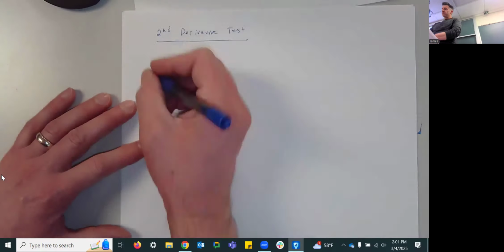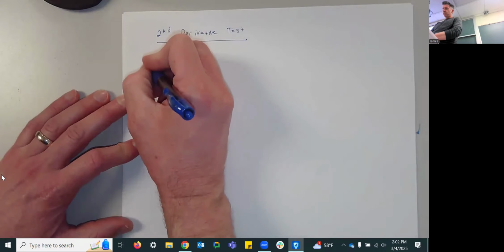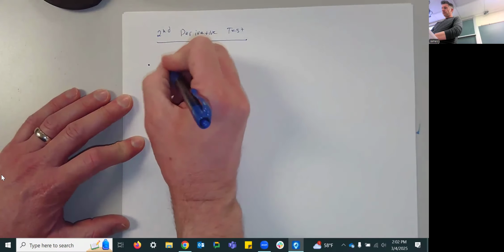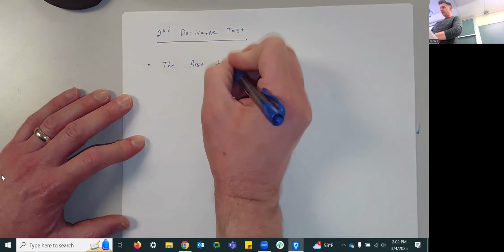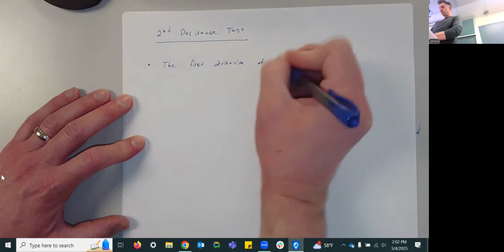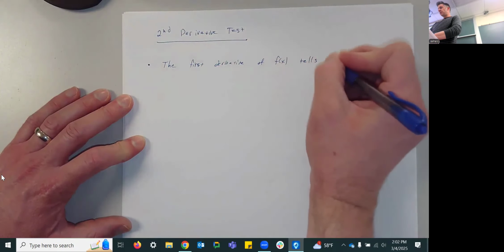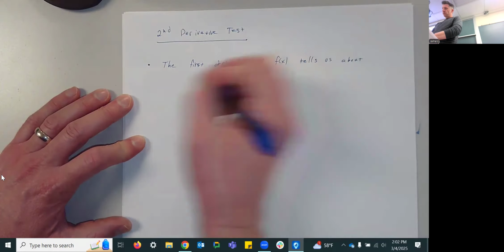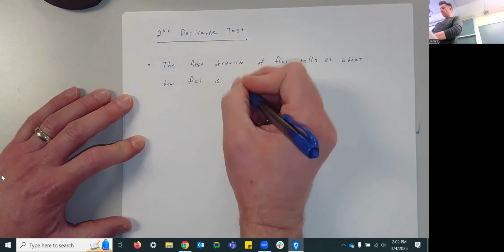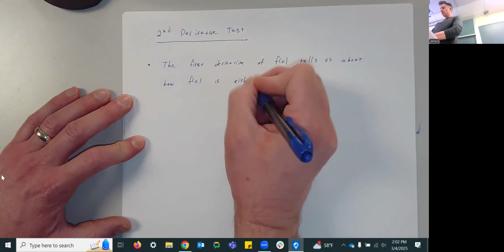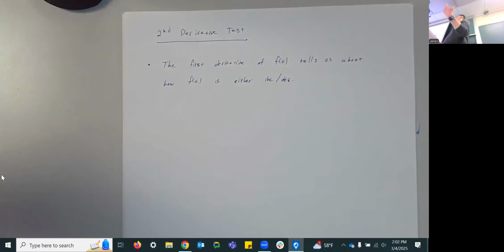So the first derivative of a function tells us about how f of x is either increasing or decreasing, which we've alluded to many times already.